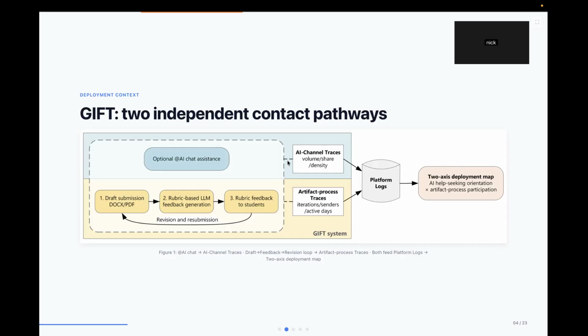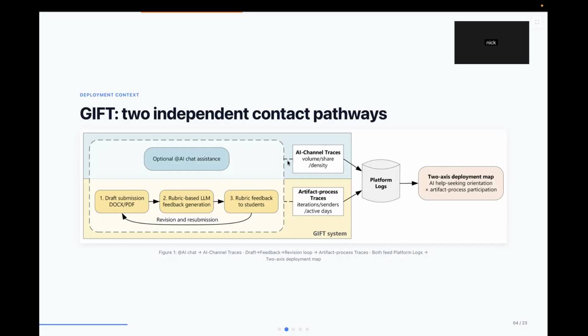The feedback is given according to the course rubrics. For example, in the course we deployed, there are 9 rubrics, so the feedback is given in 9 parts. Each part discusses how to improve it, if it needs to be improved, and if it's excellent, they will say it's excellent.